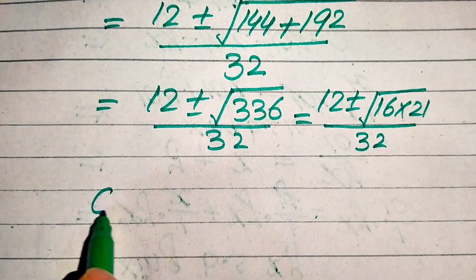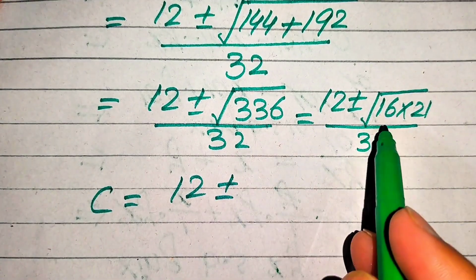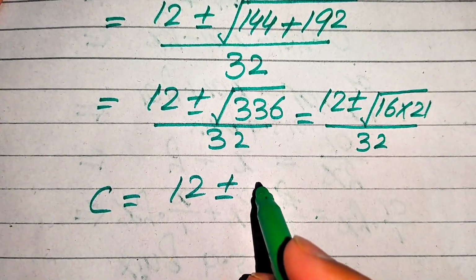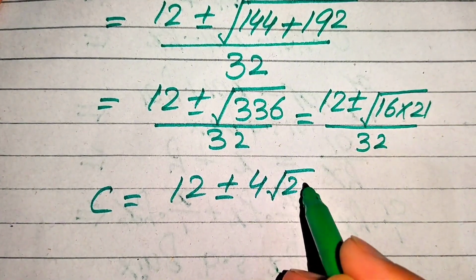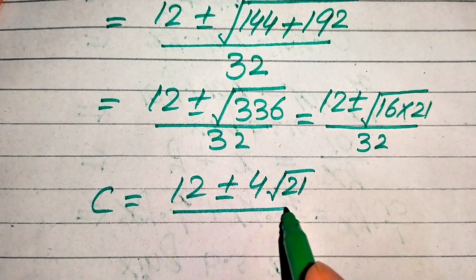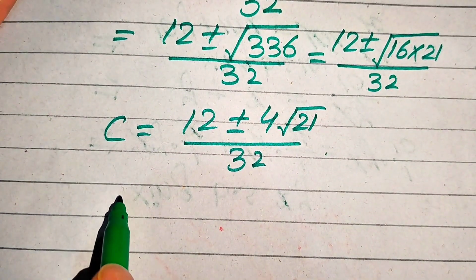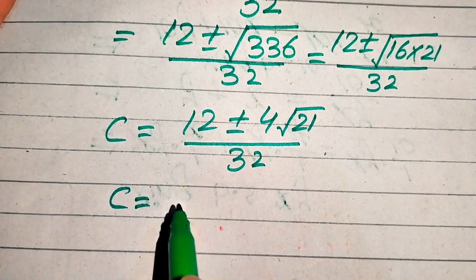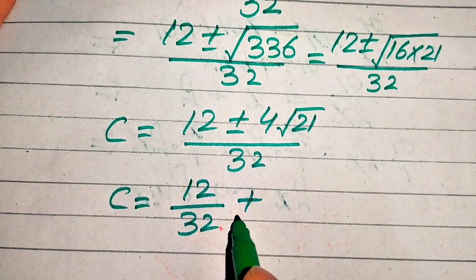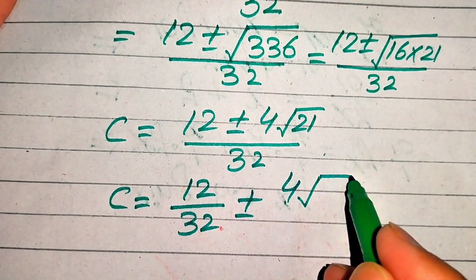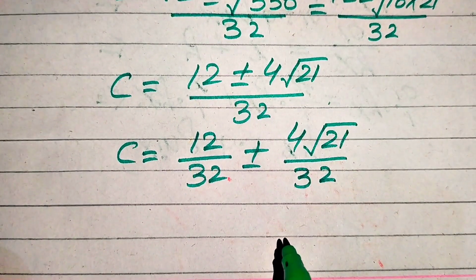And now in the next step we have c is equal to 12 plus minus, here we know that square root of 16 is equal to 4, times square root of 21, and it is divided by 32. And now we need to break this fraction, and when we break this fraction it will be written as 12 over 32 plus minus 4 times square root of 21 divided by 32.